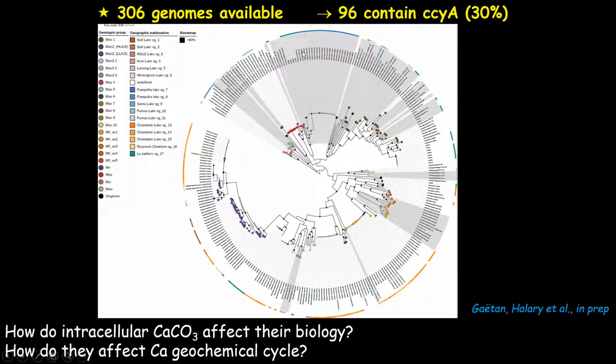And so you have here this phylogenetic tree, that is represented in a different way. And all the gray shaded areas correspond to the Microcystis with intracellular carbonate. We have no clue how this intracellular carbonate affects the biology of this guy. What is the function? Why do they do that? We don't know. And the thing is, since you are producing a very high density of these cells, each of them containing carbonate, you may have really an impact on the geochemical cycle of calcium or carbon in those environments. And that also we have no clue.